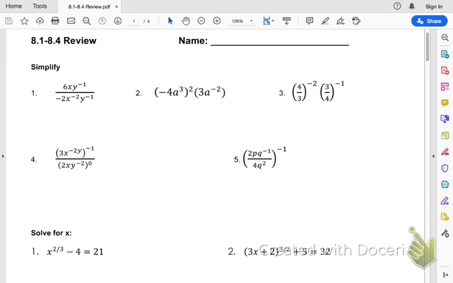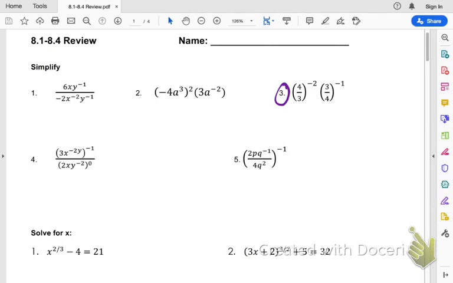So I'm going to start with this first one, and this is from 8.1, the exponent rules. And so I'm going to look at number 3. And remember, when you have a negative exponent, that will either flip the fraction, or it brings something that's on the top to the bottom, or the bottom to the top. We don't ever want to leave our answer in negative exponents.